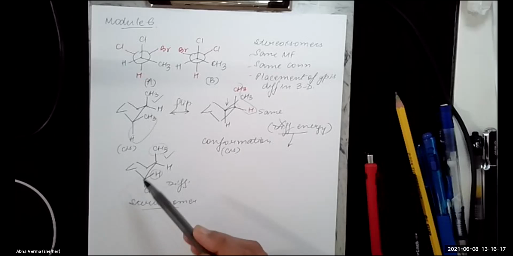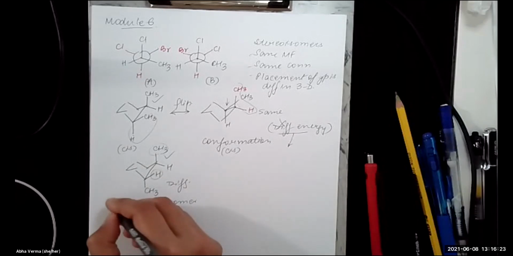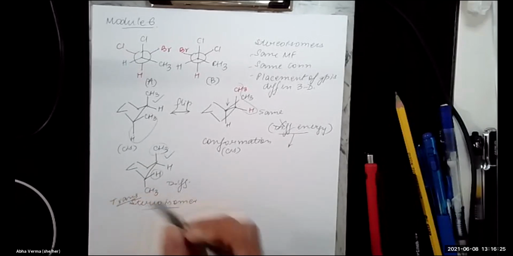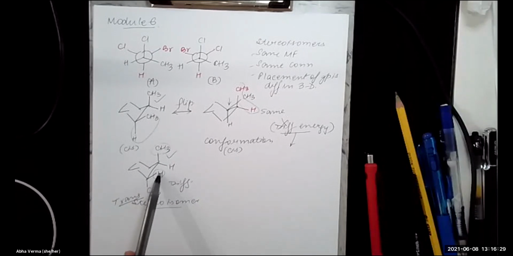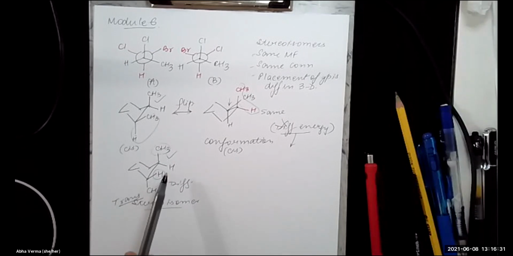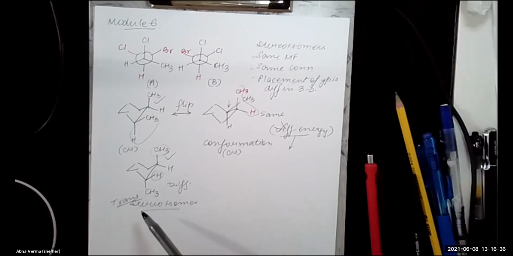You cannot convert into stereoisomers. So you have a cis-trans kind of orientation. So when we're looking at stereoisomers, remember it is the same carbon with the same groups, but we have arranged them in a different manner, three-dimensionally.